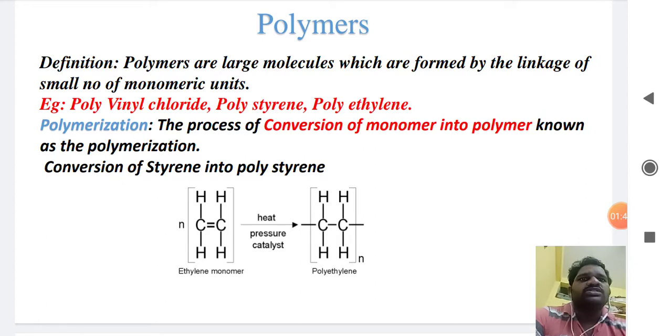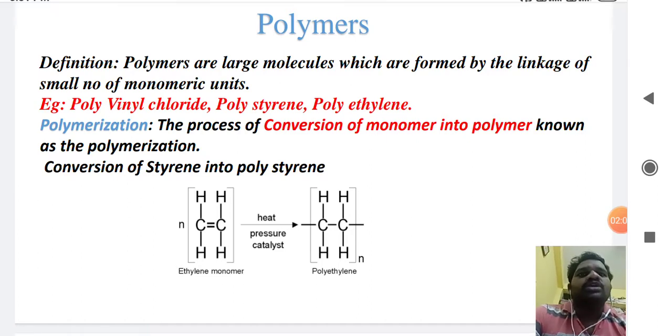According to the Greeks, poly means many. So many vinyl chloride monomers will be combined to produce polyvinyl chloride, many styrene monomers will be combined to produce polystyrene, and many ethylene monomers will be combined to produce polyethylene. Okay, this is the definition of the polymer as well as examples of polymers.